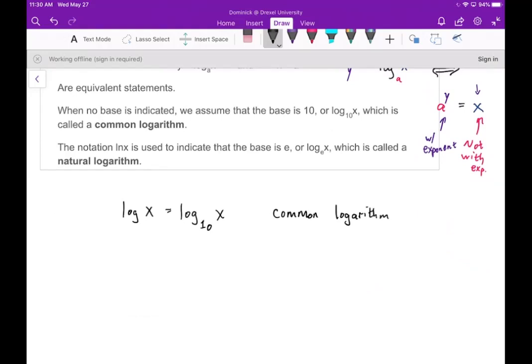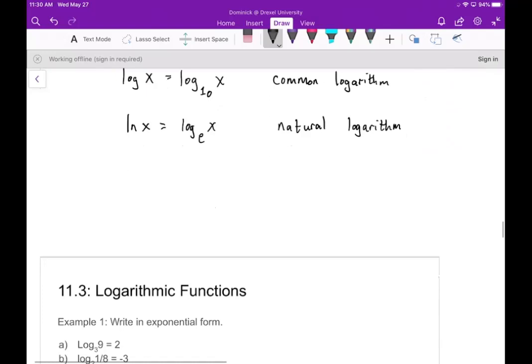And if you have the notation ln of x, that's a log with base e, that number that we talked about in the previous video, and this is a natural logarithm. So just be aware of those two things because they will come up.